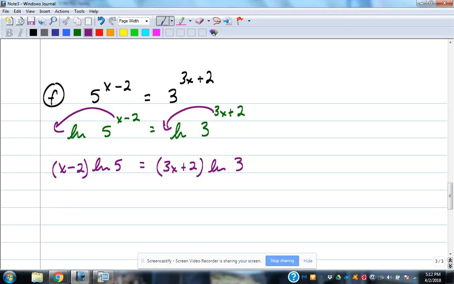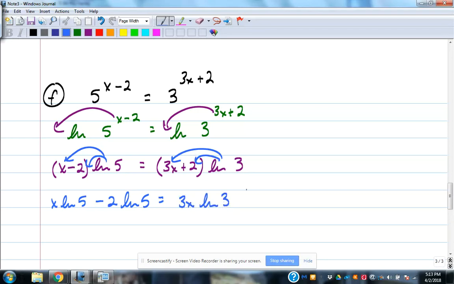Distribute. If I distribute that, that's going to get me natural log of 5 times x, or x natural log of 5. So x natural log of 5 minus 2 natural log of 5. I'm going to do the same thing on the other side with the natural log of 3. So that's 3x natural log of 3 plus 2 natural log of 3.